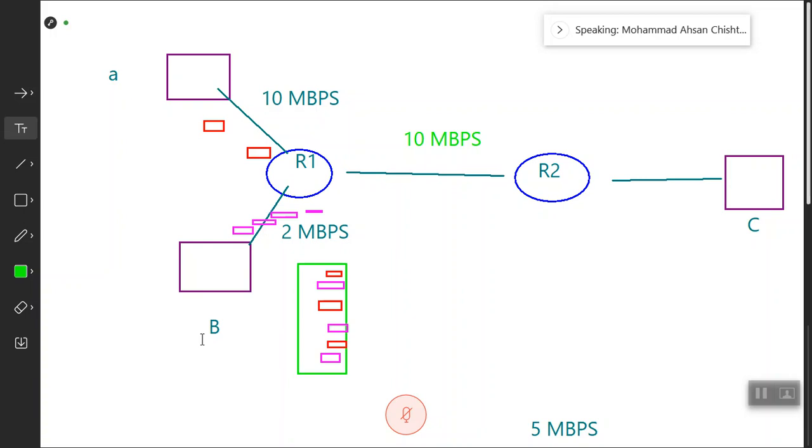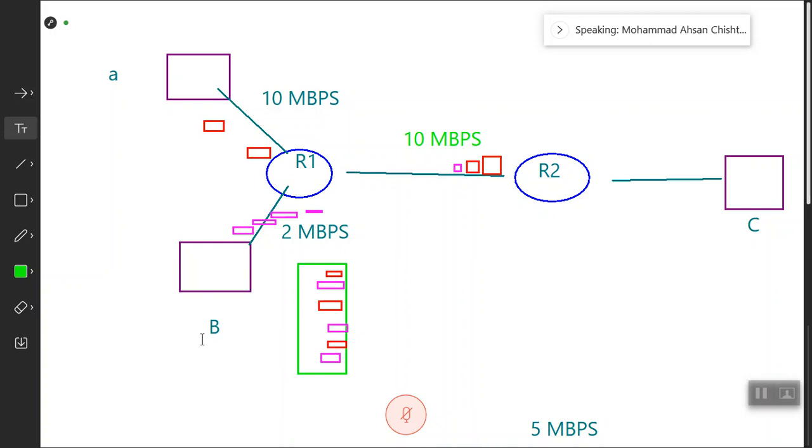R1 would transmit based on some queuing mechanism, let's say first come, first serve. If first packet 1 of A came, it will transmit that. If packet 2 of A came, then it will transmit that. But then in between, packet 1 of B came, it will transmit that.